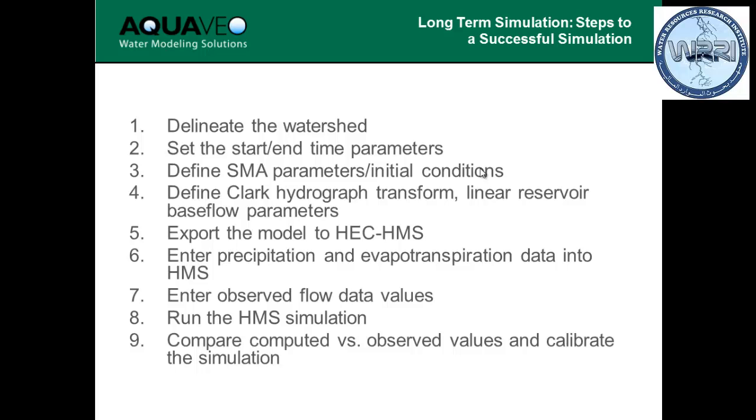You export your model to HMS, enter your precipitation data and evapotranspiration data into HMS, and enter your observed flow data values, so your observations. You run your HMS simulation and then compare the computed versus observed data, and you can calibrate. You can either use an automated calibration in HMS, or you can manually calibrate your values.